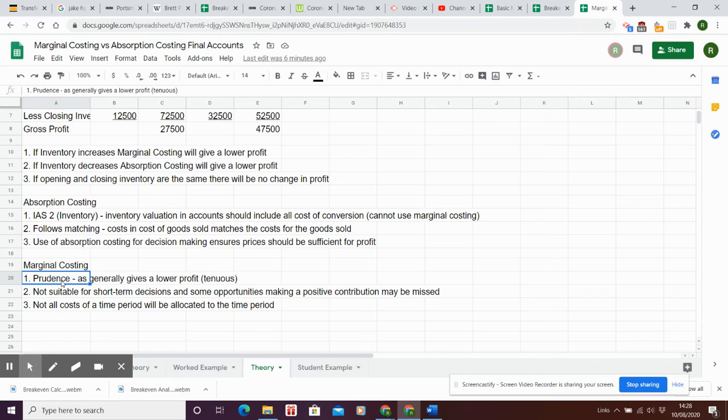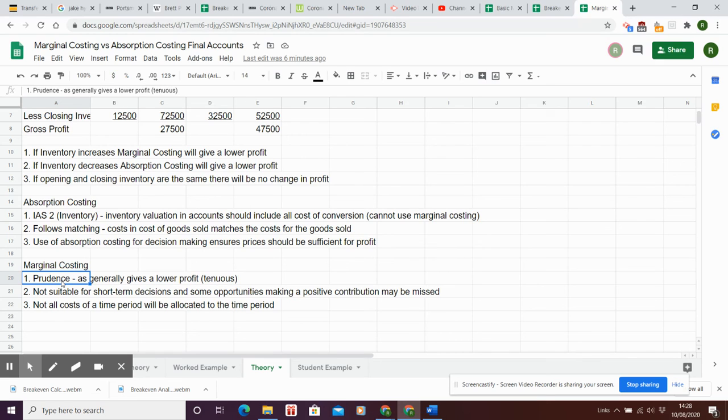And also, as we've already discussed, there are scenarios in which absorption costing will give a lower profit. And again, it gives a lower value for the closing inventory, which prudence says we should look at the lowest realistic value for the closing inventory.